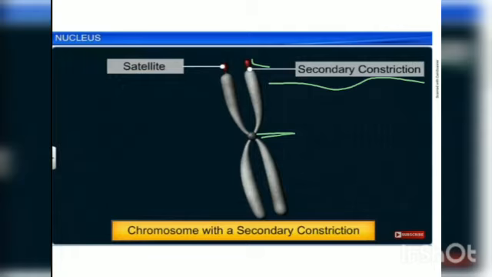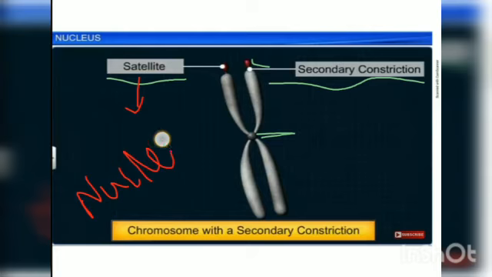That constriction forms a notch-like structure called the satellite, and the satellite generally is involved in the formation of the nucleolus. That process occurs after cell division. Remember that the satellite is involved in the formation of the nucleolus after cell division.